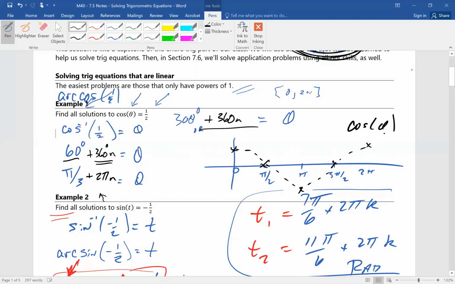Now, if the question is, just like it was here, when does that thing equal 1/2? What it's really saying visually, if you do it this way, is when is that thing going to cross here and here if this is the line y equals 1/2? So where those two cross, and notice they cross before pi over 2 and after 3 pi over 2.